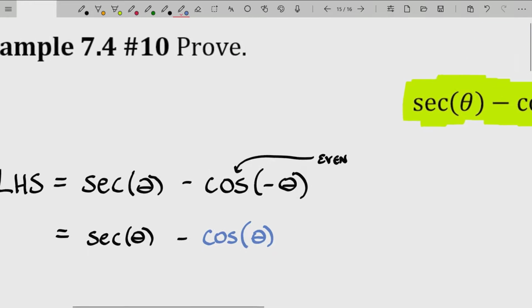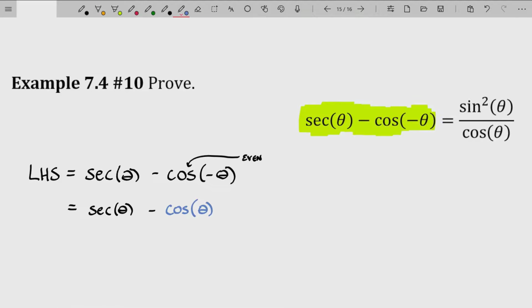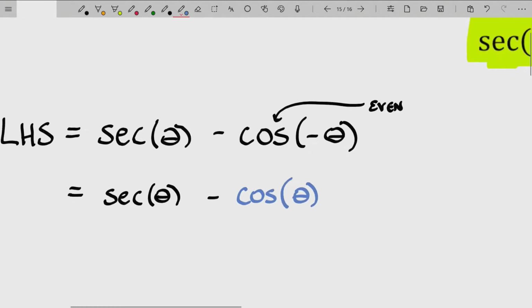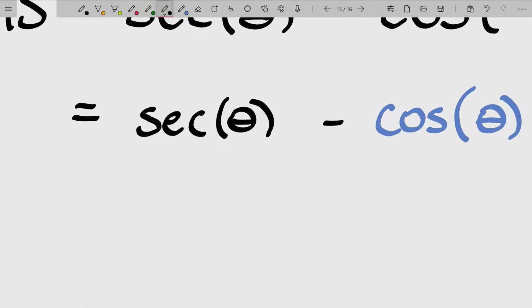Now, keep your eye on the prize. Where do we want to end up? We need to glue these two statements together to become a single fraction. That means we need a common denominator. Well, the fact that I just said the word denominator tells me I would like to write that secant as 1 over cosine. It just tells me that I'd like to get a denominator going.